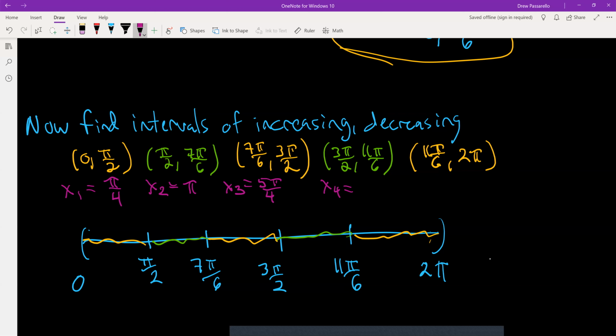A value that's in between 3 pi over 2 and 11 pi over 6, I can do 7 pi over 4. And then there's no convenient value on the unit circle that's in between 11 pi over 6 and 2 pi. So this is x5. If you put 11 pi over 6 in the calculator, let me find that real quick.